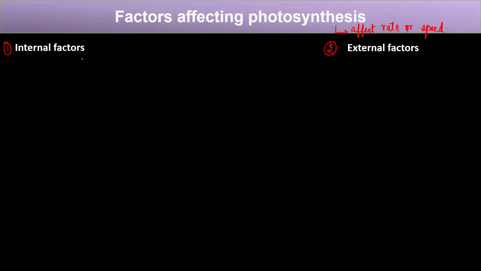Now, what do you mean by internal factors? The internal factors are basically plant factors. These are the factors that are present within the plant and that depend on the genetic composition of those plants.